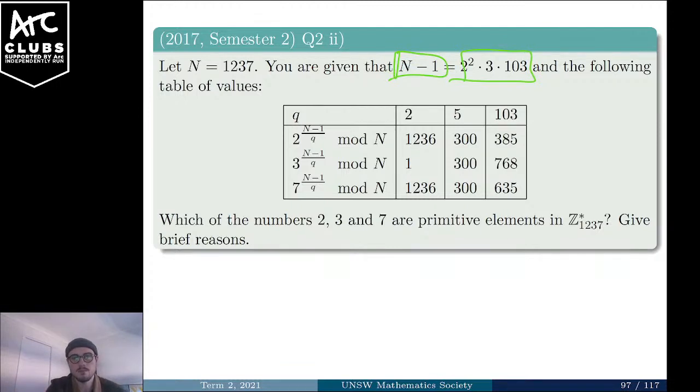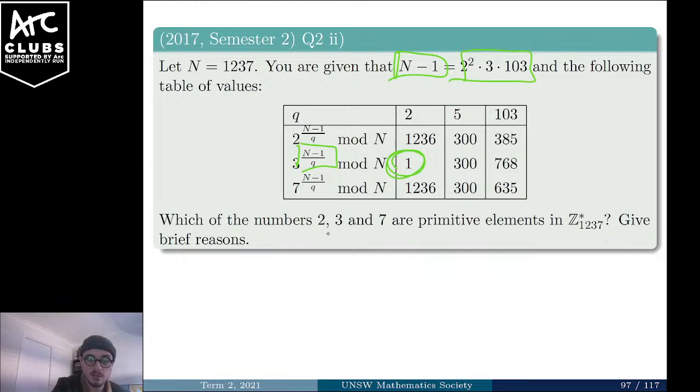So which of these are primitive elements? From here we can quite clearly see that 3 is congruent to 1 to this power, way too early. So it's already congruent to 1 when we haven't had to raise it to the value of the phi function.